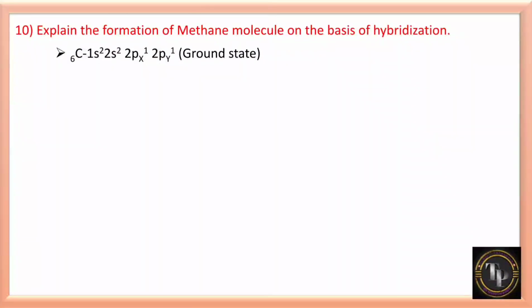So you have to write 1s2, 2s2, 2px1, 2py1 at ground state. When you give some heat to this, it goes to excited state. So 2s2 is there, no? From where one electron is jumped towards 2pz. Carefully see: 1s2, 2s1, 2px1, 2py1, 2pz1. Excited state, guys.